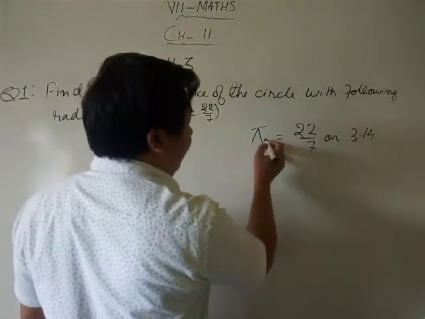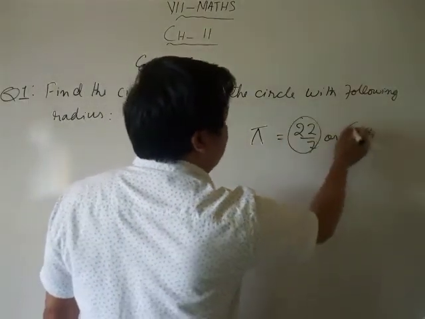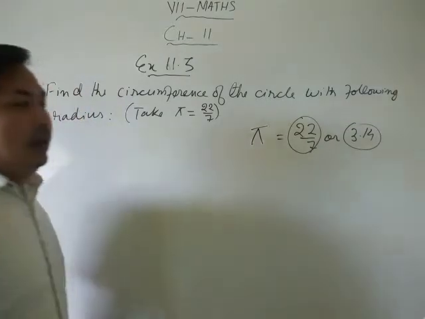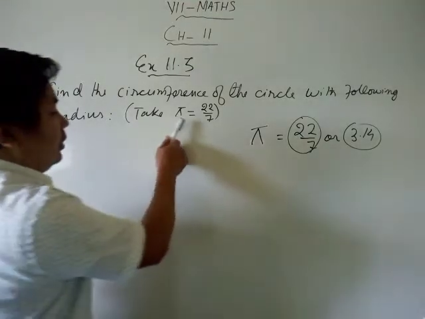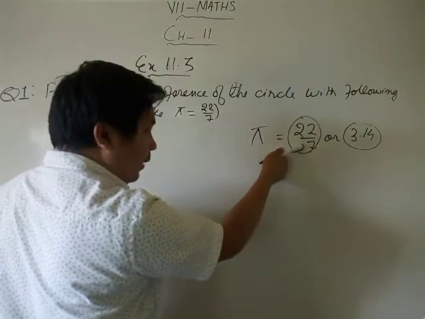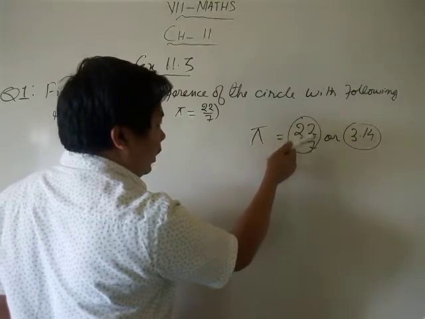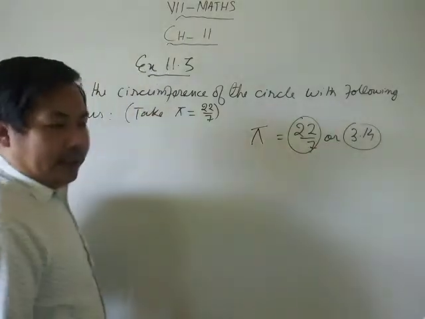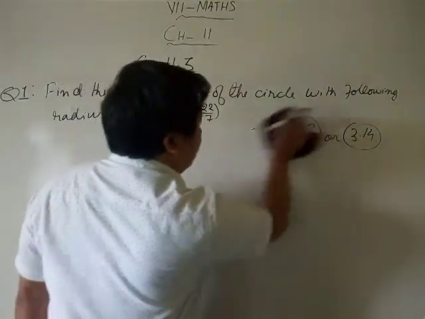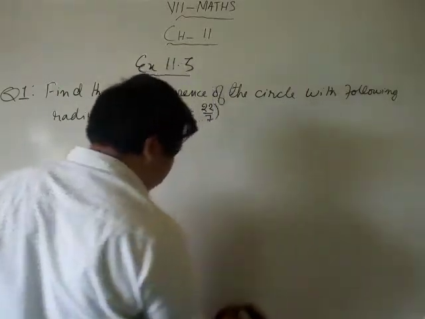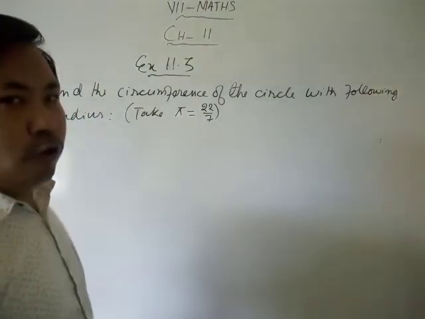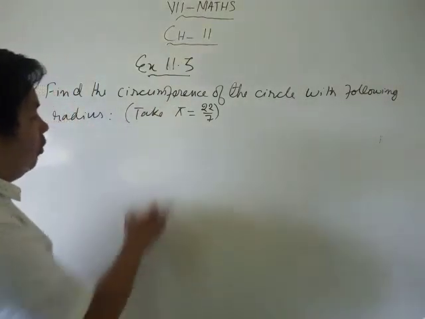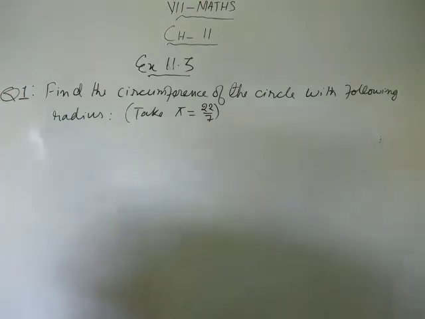Whenever you get pi, you have to take this value. So he's saying take the value of pi as 22 by 7. Sometimes they may tell you to take 3.14 also, but here you have to take the value of pi as 22 by 7.